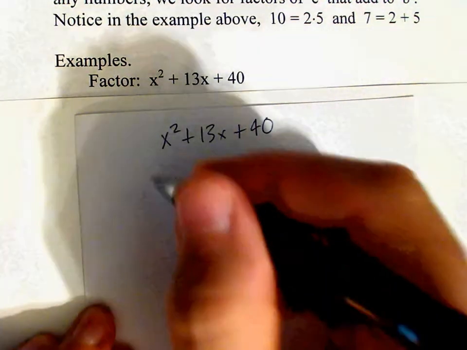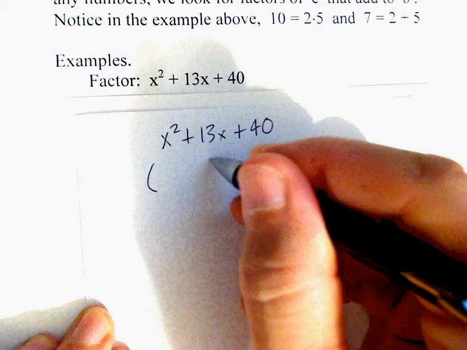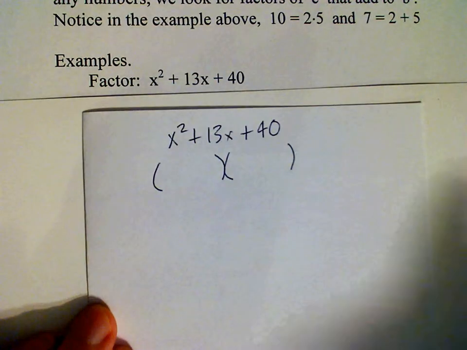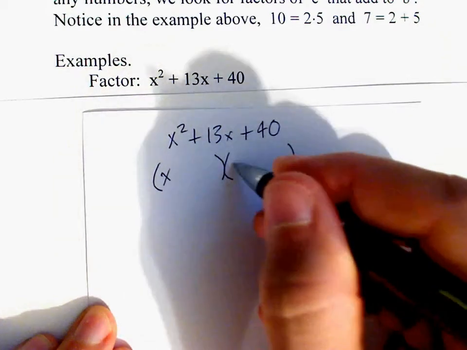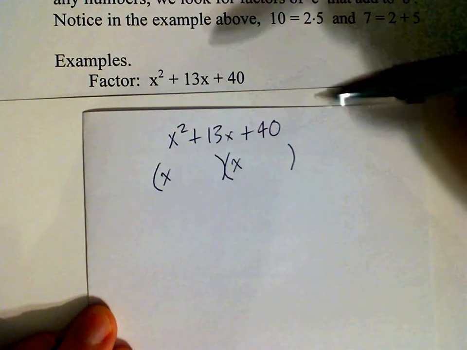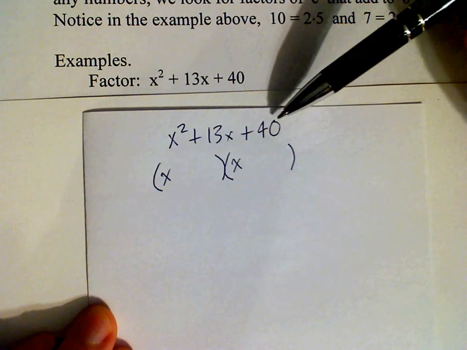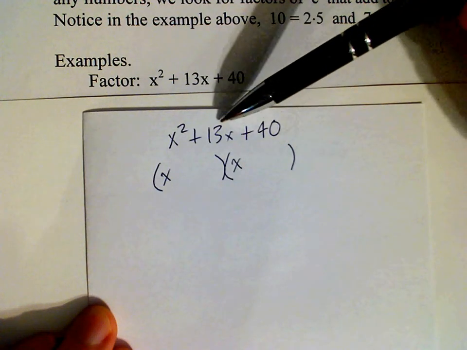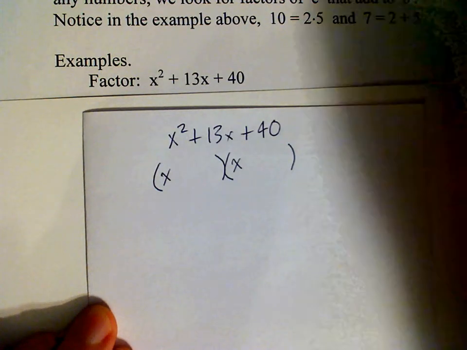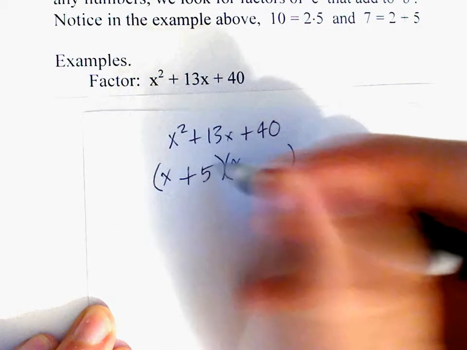Okay, so we know that the factored form is going to have two sets of parentheses, x here and x here, and then we need to fill in numbers that will multiply to give 40 and will add to give 13. And if you think about it, those numbers have got to be 5 and 8.